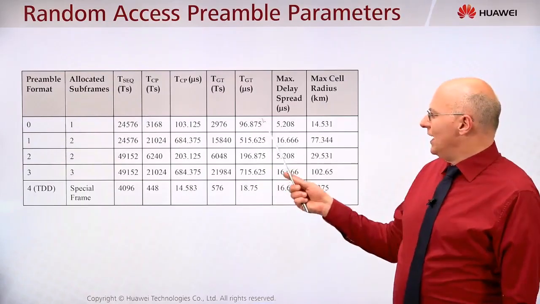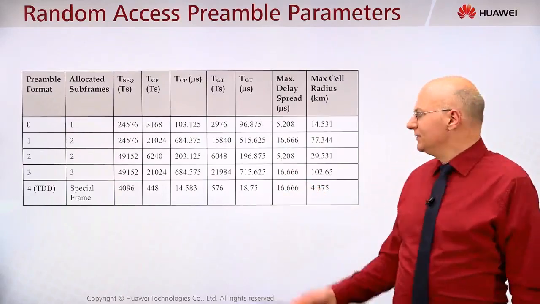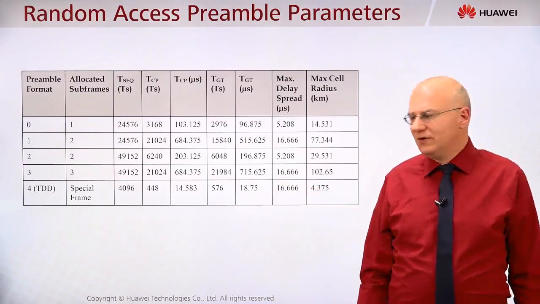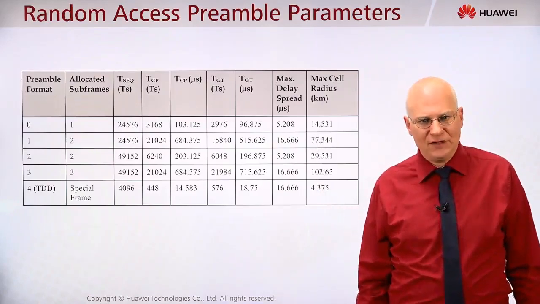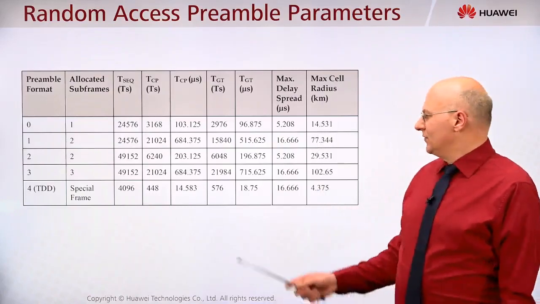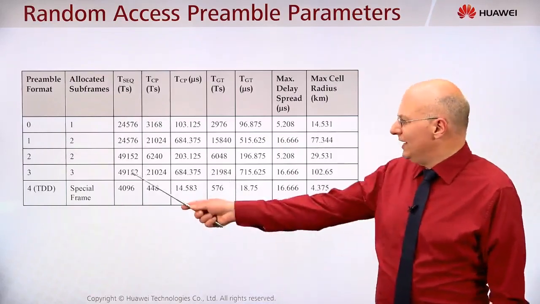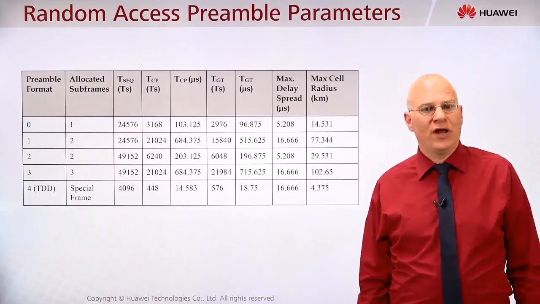And the lowest guard time we have is 100 microseconds. This is equivalent to a cell radius of 14.5 kilometers. And the largest configuration is format number 3, which supports a cell radius up to 100 kilometers.